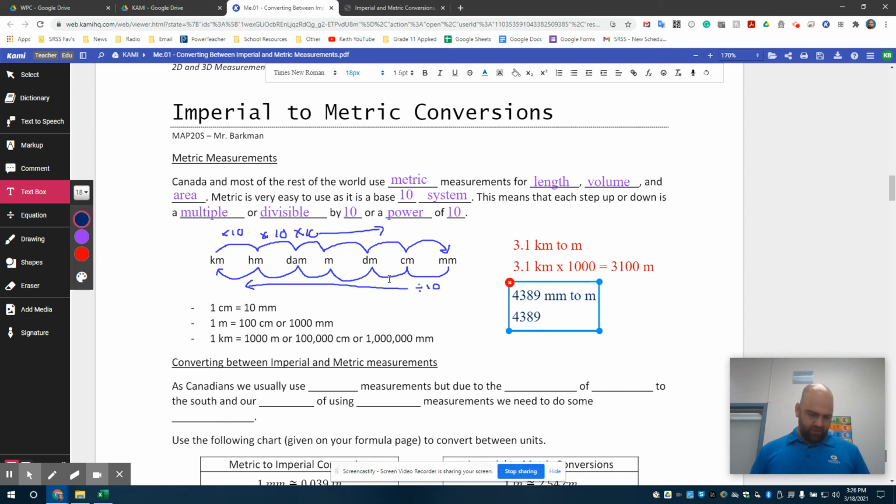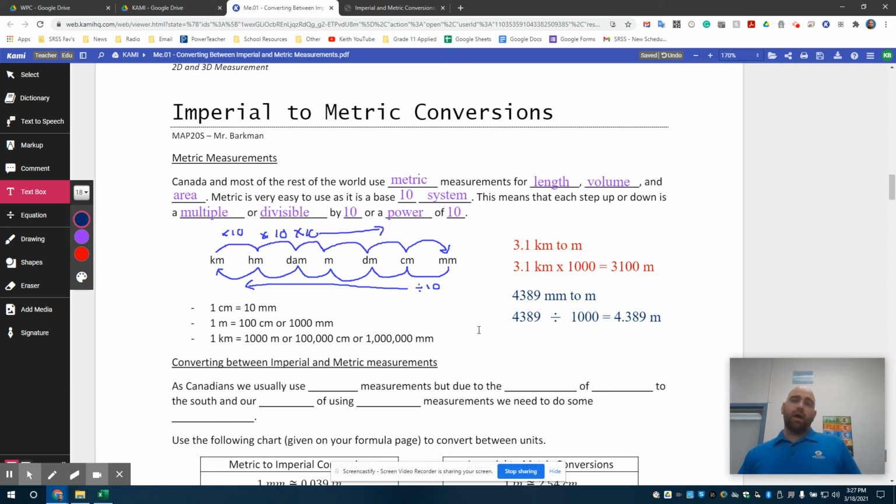So we are going to divide by 1,000, and that's going to equal 4.389 meters. Now notice the numbers stay the same, we just move the decimal place over the number of zeros that we have here. Here are 3 zeros, move over 3 spots. So that's how we can change between metric measurements, and convert between metric measurements.